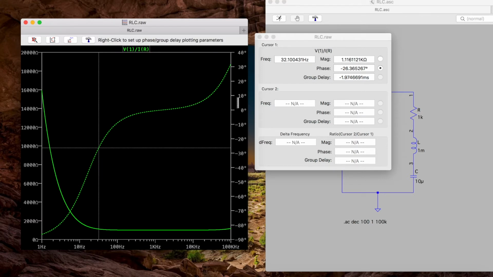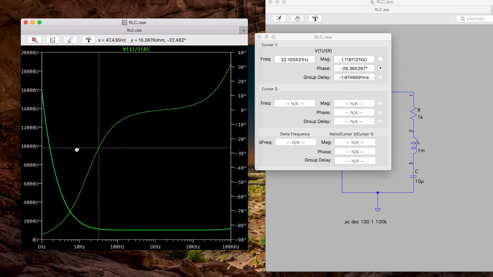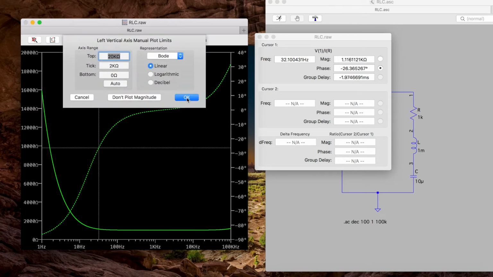If you right click on the right axis, you can choose don't plot the phase. Now right click on the left axis and change the representation from Bode to Cartesian representation.